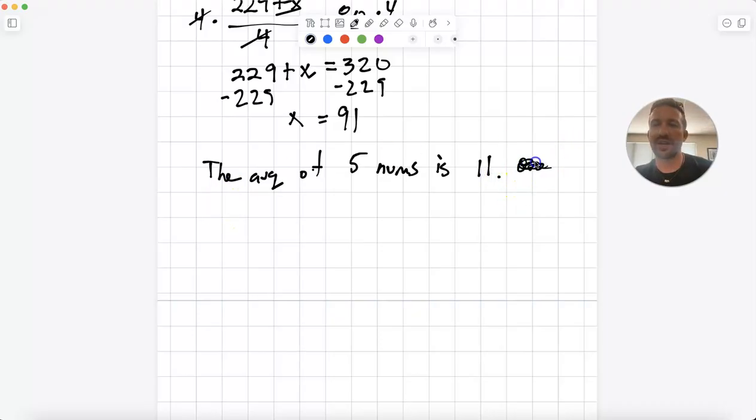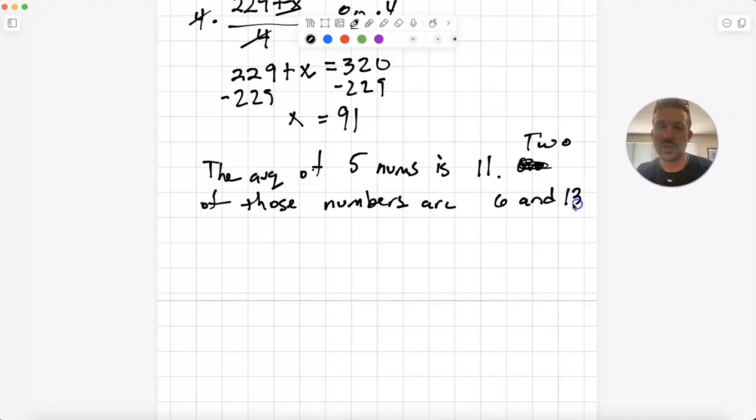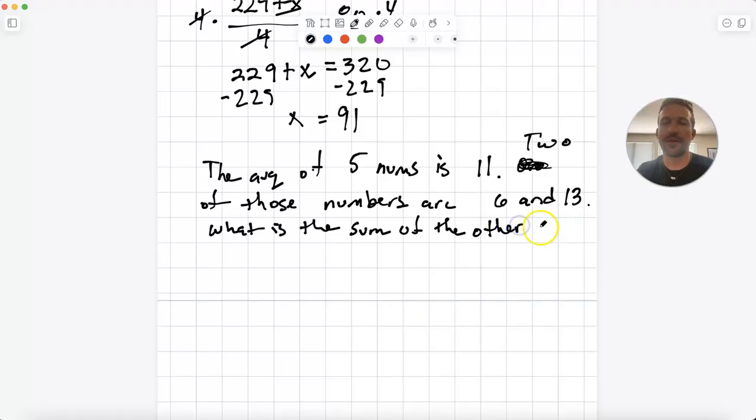Let's say 2 of those numbers are, I don't know, let's say 6 and 13. I thought I was going to go with 7, huh? 2 of those numbers are 6 and 13. What is the sum of the other 3?